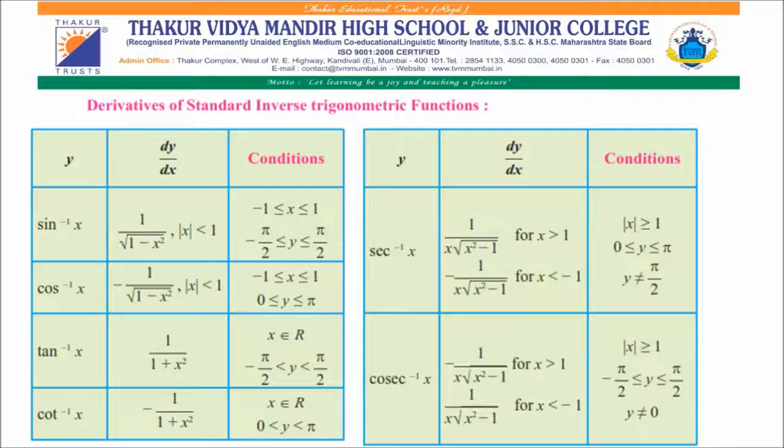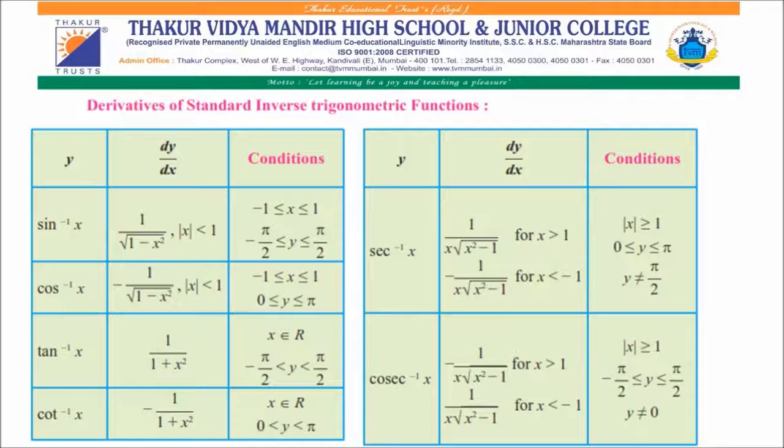See, the derivatives of both functions are the same, but there is a difference in the negative sign only. Tan inverse x, its derivative is 1 upon 1 plus x square. Then derivative of cot inverse x is minus 1 upon 1 plus x square. Here also cot is negative, tan is positive.